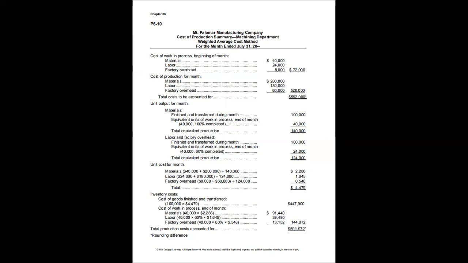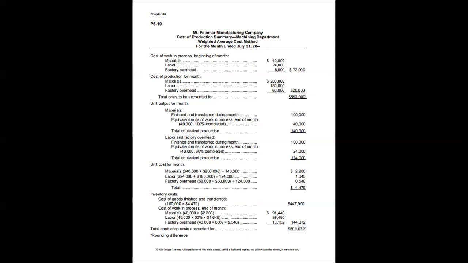So in 10, we begin with the machining department, and as stated, the machining department uses the weighted average cost method, while the finishing department uses the FIFO cost method. So the machining uses the average cost method, and the finishing department uses the FIFO cost method.